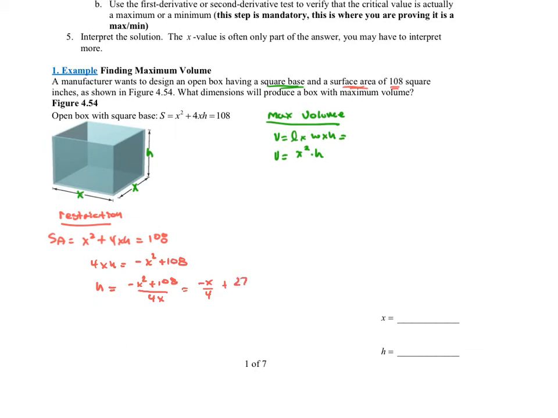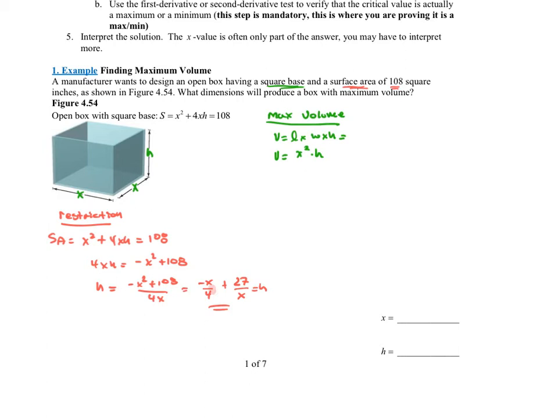So that'd be 27 over x. So that's what I'm getting h to be: negative x over 4 plus 27 over x.